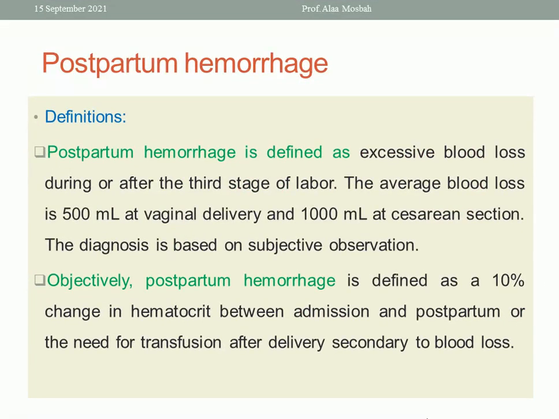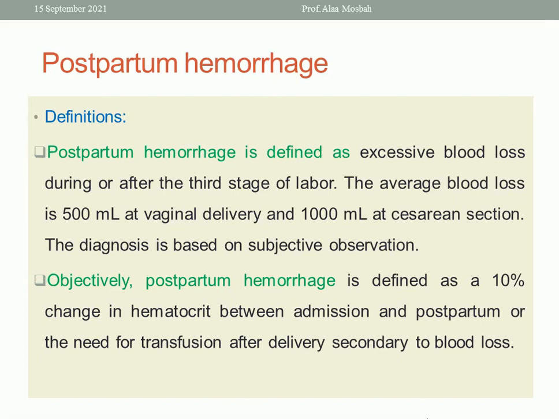We will start with postpartum hemorrhage, which is very important and defined as excessive blood loss during or after the third stage of labor, and the average blood loss is considered 500 mL at vaginal delivery and 1000 mL at cesarean section. So if more than that, it is considered postpartum hemorrhage.